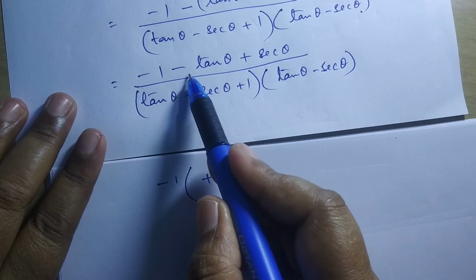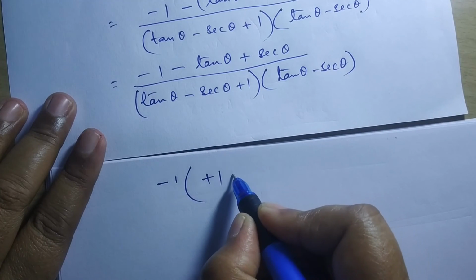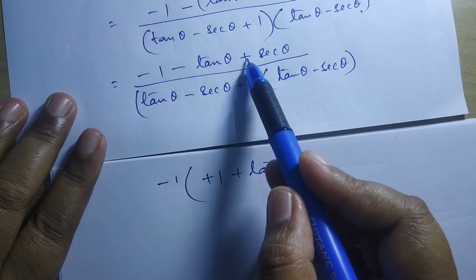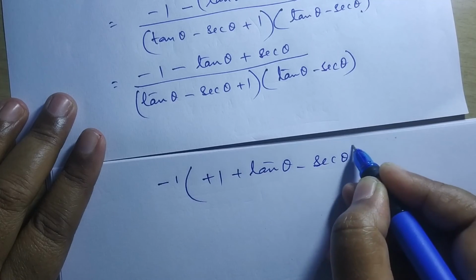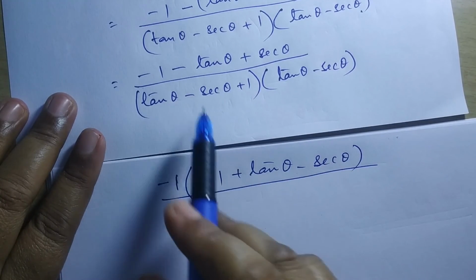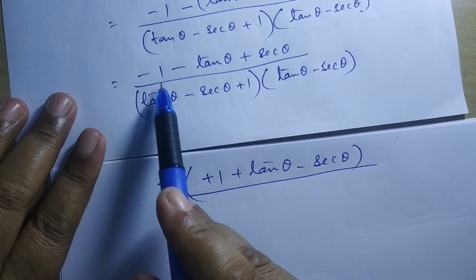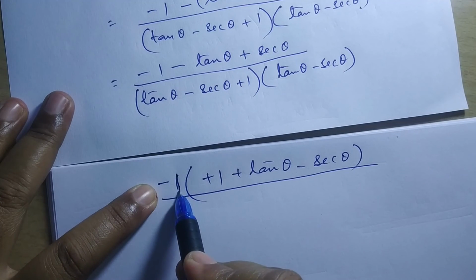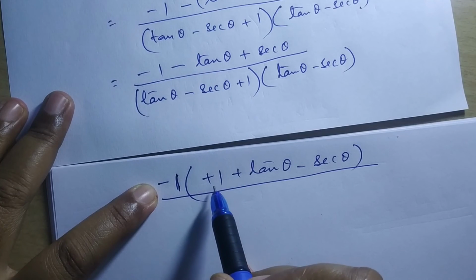Then from minus tan theta I have taken minus 1, so I will be having plus tan theta, and from plus sec theta I have taken minus 1, so that will be minus sec theta. Is whatever I have done correct or not? From this particular expression I have taken minus 1 common. So what do you have?